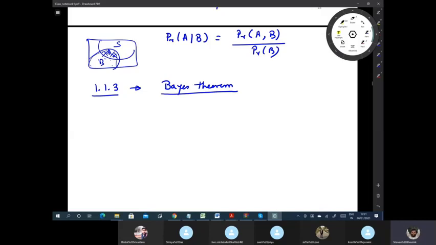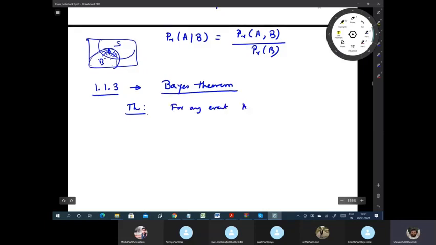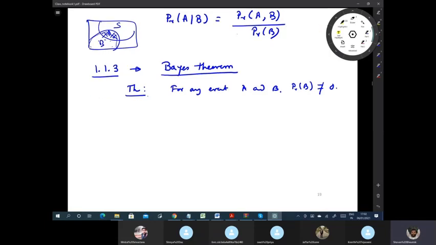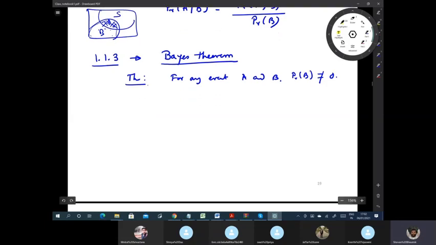The theorem says, for any events A and B, and we assume that B is finite, that is, the probability of B is not 0, otherwise we cannot divide by 0.